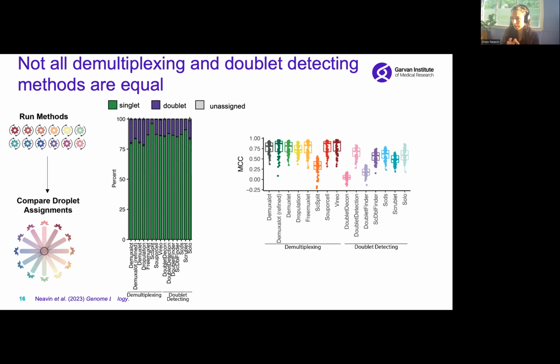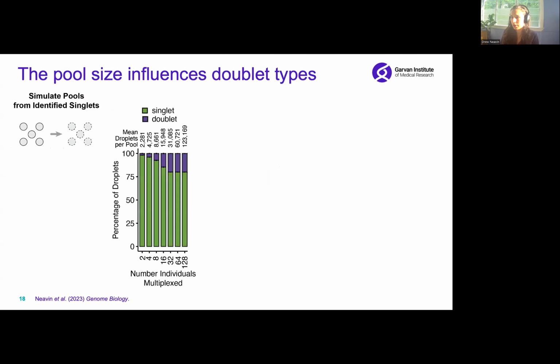And so we next wanted to look at how these perform on a data set where we have simulated the data and we know which barcodes correspond to a singlet and a doublet. And I'm not going to go into all the detail of this paper, but I do want to talk a little bit about the differences in the size of pools that can contribute to the selection of doublet detecting and demultiplexing methods.